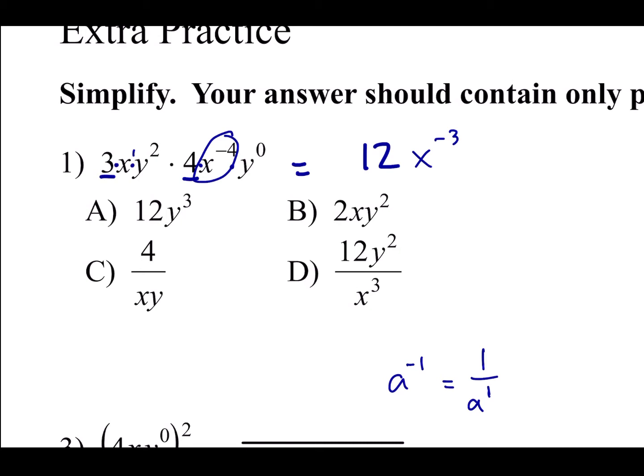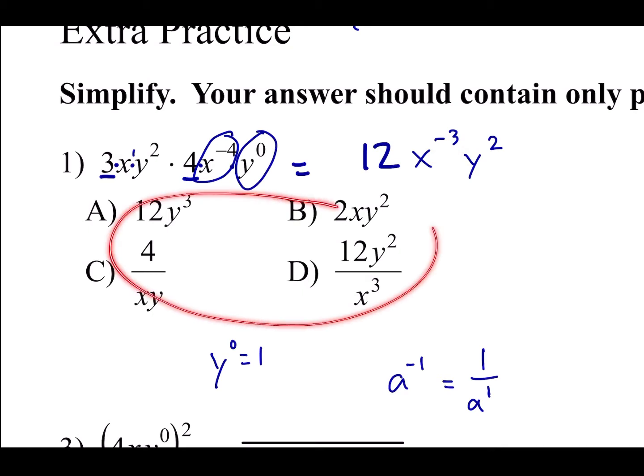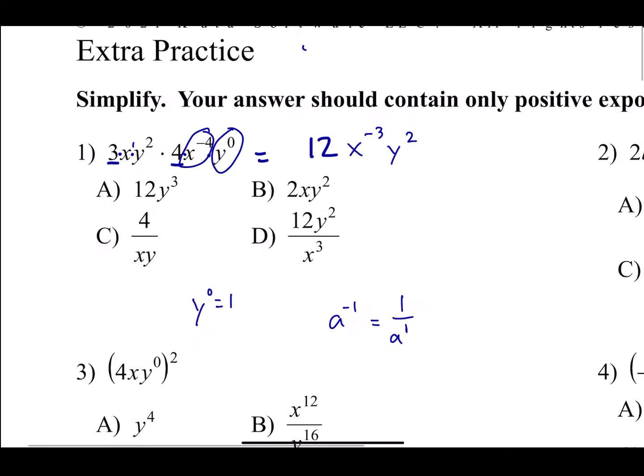Y squared times y to the 0. Well, y to the 0 is great because anything to the 0 power equals 1. So y squared times 1 is just y squared. Well, I still need to fix this negative 3 exponent because we never leave negative exponents in our final answer. And you see in the answer choices, there is no negative exponent. So we're going to take this negative 3 and again flip it and make the 3 positive.